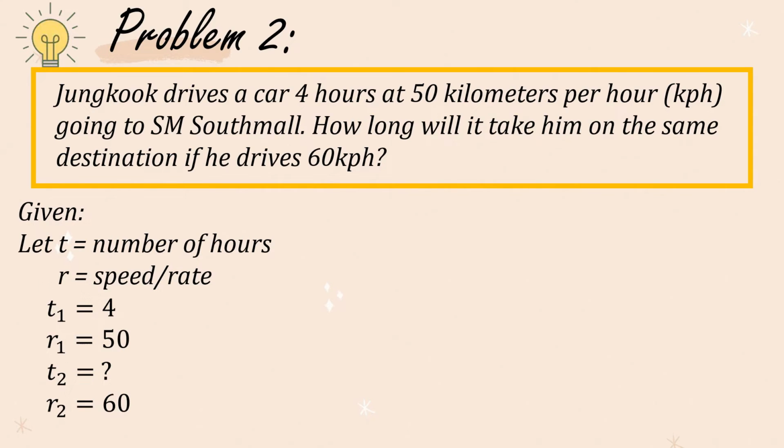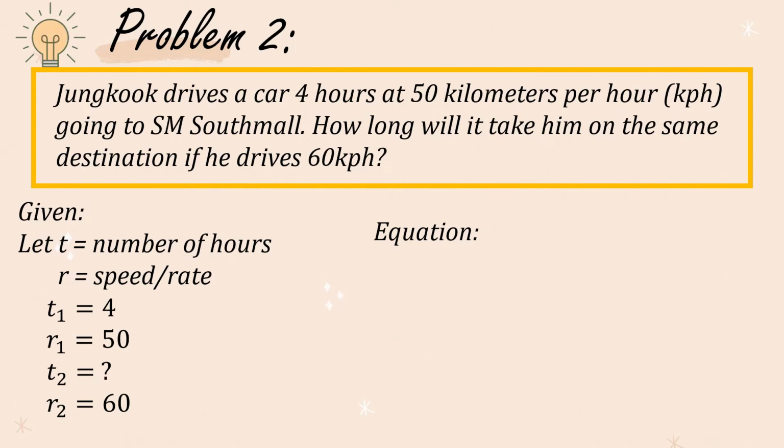Since we already know the given, let us now proceed in creating an equation. Let us analyze the problem. Time and speed. Kapag ang speed pa ay tumaas or mas pumilis pa ang biyahe natin, mas mahaba bang oras ang gugugulin natin? Mas mahaba? Hindi. Ito ay magiging mas maiksi. So, anong relationship ngayon na meron si speed at si time?